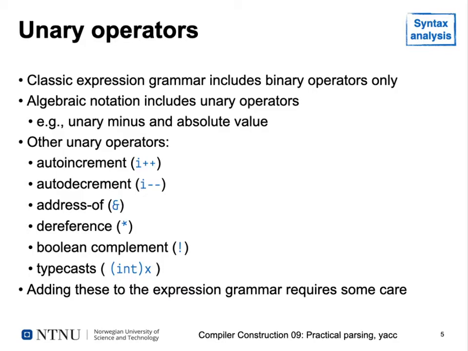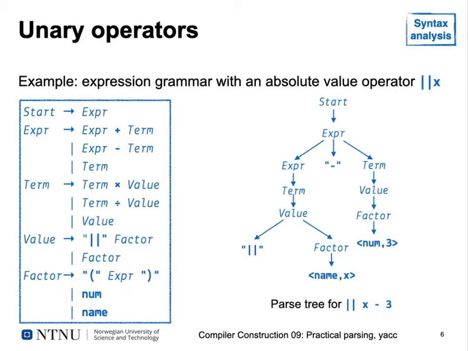And if we want to write a parser for a language that supports one or more of these features, adding these features to the expression grammar works, but it requires a bit of care. So let's take a look at a more realistic expression grammar.